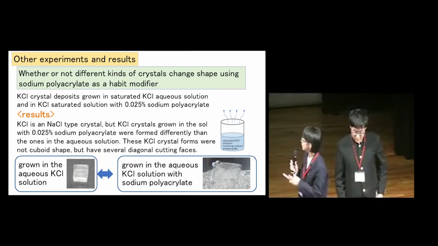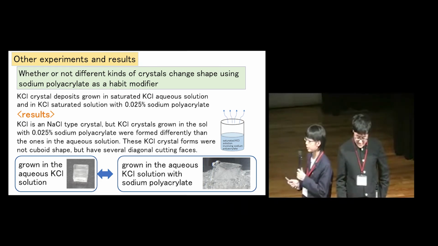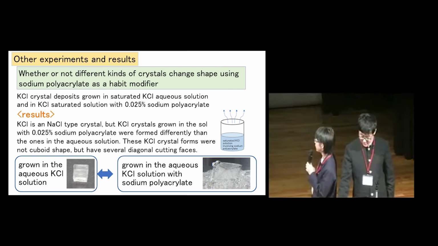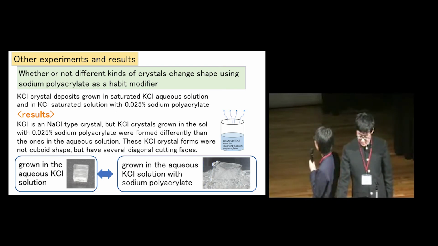Also, we did other experiments. First, we used KCl. We expected that the KCl crystals would change like NaCl. KCl is an NaCl-type crystal, but KCl crystals grown in the solution with sodium polyacrylate were formed differently. These KCl crystals have several diagonal cutting faces.